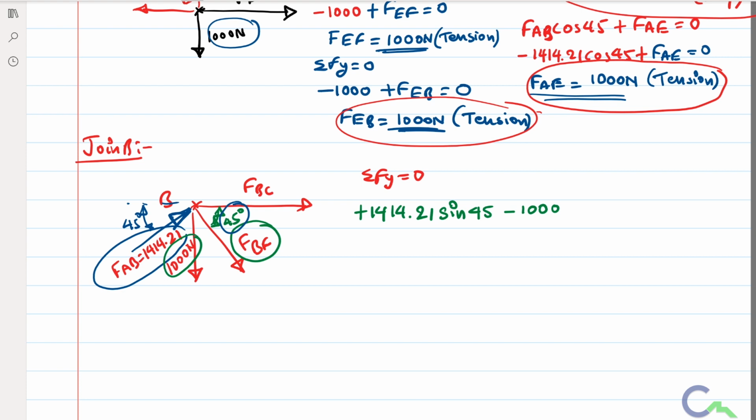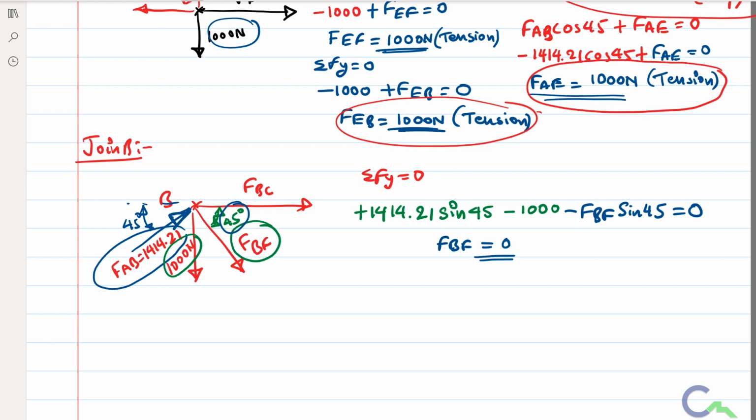So if I resolve that FBF in vertical direction, it is going to move downward. Therefore minus FBF sine 45 is equal to 0. If I simplify this, I am going to get the value of FBF. So therefore FBF is equal to 0.